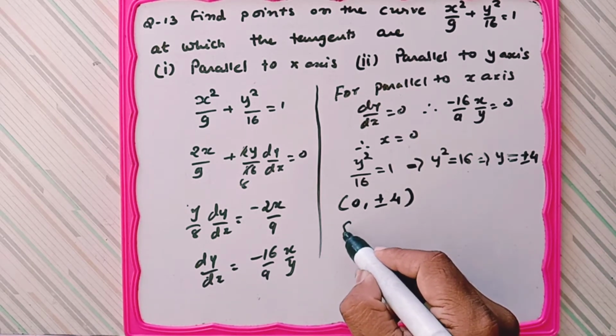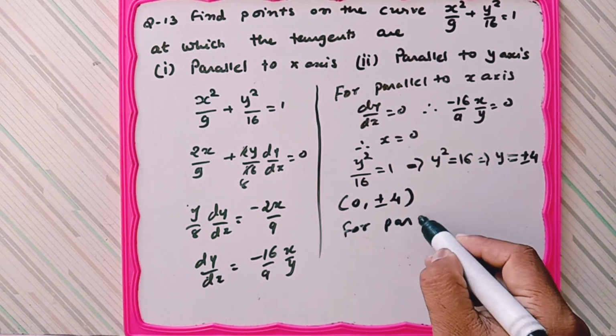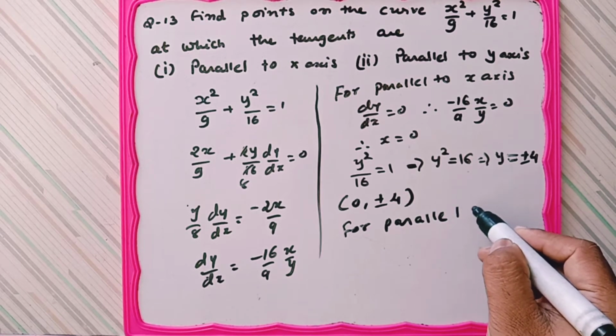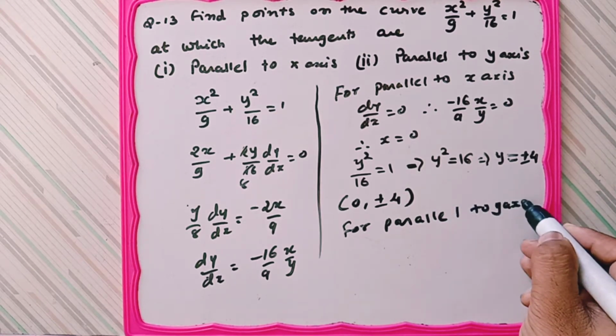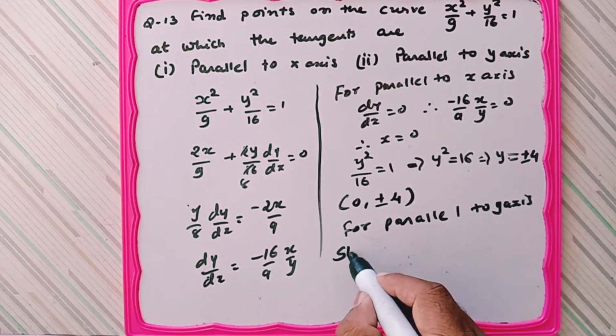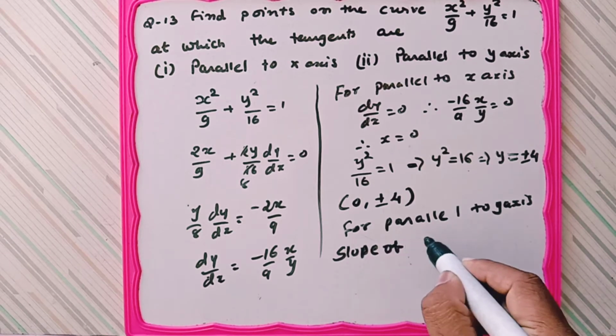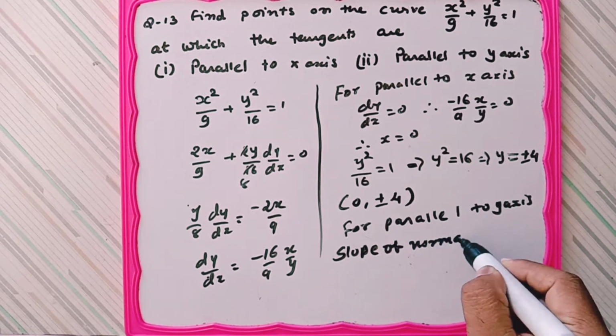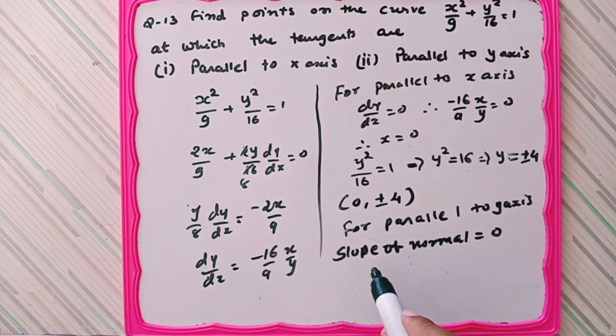Now for parallel to the y-axis, the slope of the normal equals 0, that means minus 1 upon dy by dx equals 0.